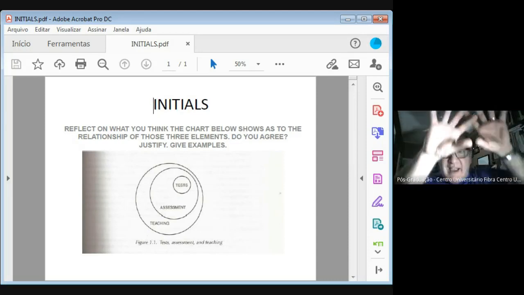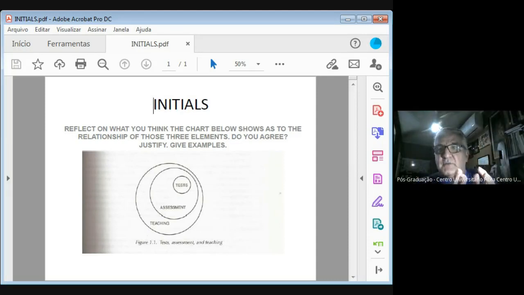Then, when you have all the information collected, you make a decision and say, okay, this student corresponds to 8. Sorry. That student corresponds to 10. He's an excellent student.